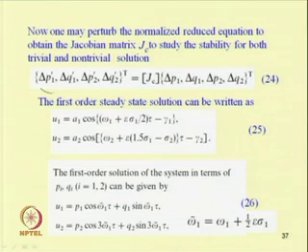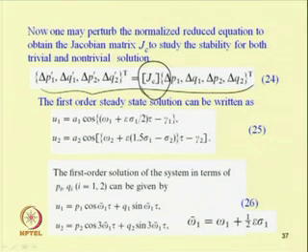So, now by perturbing this equation one can find the Jacobian matrix. The Jacobian matrix J is obtained by the first derivative of the terms of that equation. So, one can write or find this Jacobian matrix.